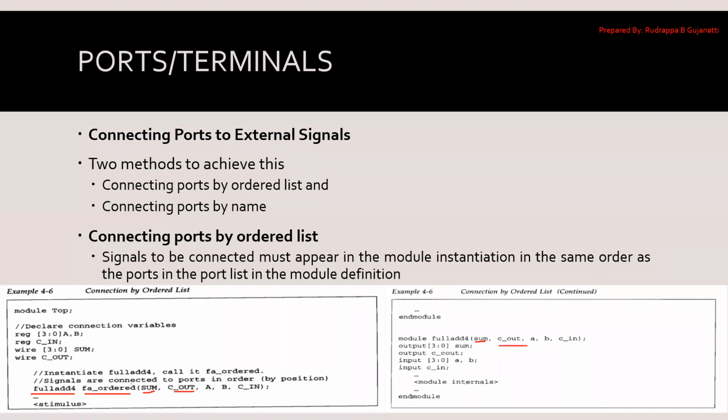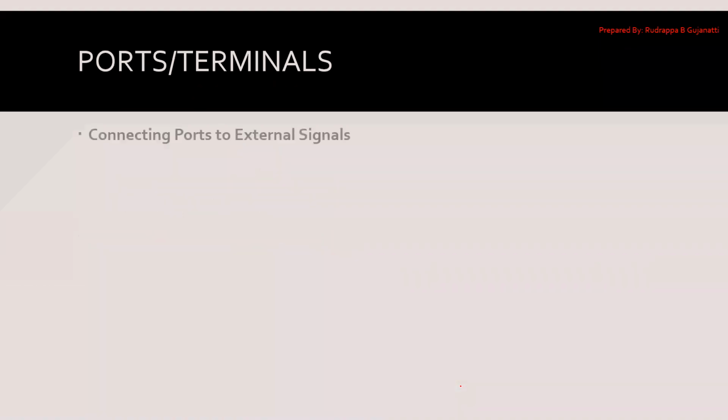Cout is relevant to cout. Then A, B, and Cin respectively. So you're passing the signals in the same order itself. You're not changing the order in which it is defined in the port list of the module. So this is connecting the ports by ordered list.